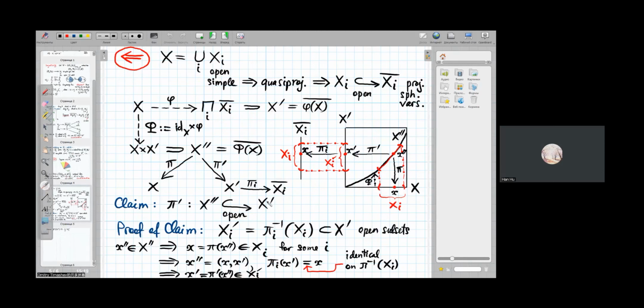And these open subsets cover the image of x double prime under this map, as we have proved here, but they do not cover the whole x prime.